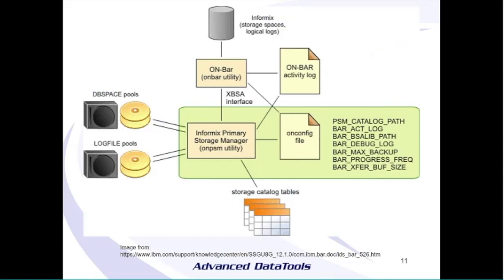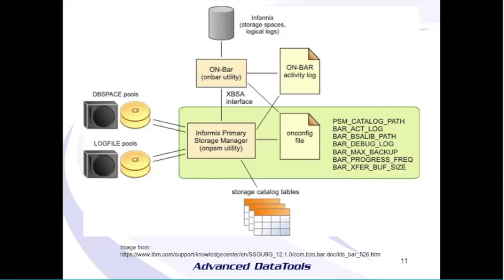And then from there, your storage tools, Onbar and such, will read from the storage manager, connect over to your Informix instance, and back up the data, which will then, on the left side here, go out to your DB space pools and your log file pools as appropriate, and you can have multiple disks, multiple objects, etc. And again, the catalog has its own storage tables, which are just flat files.